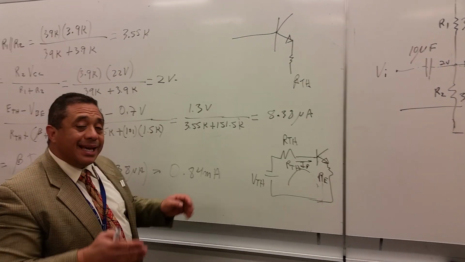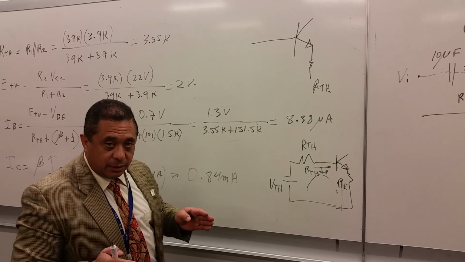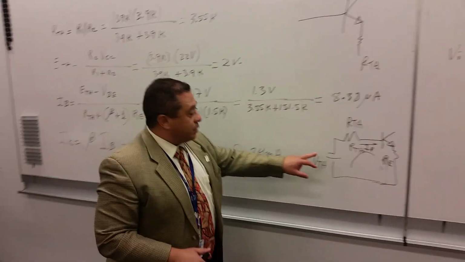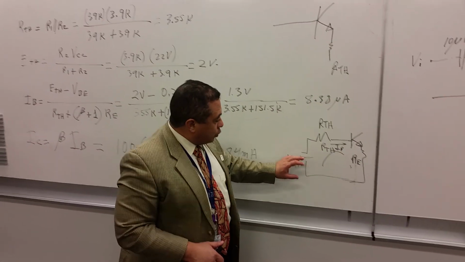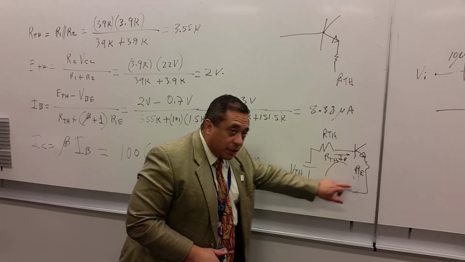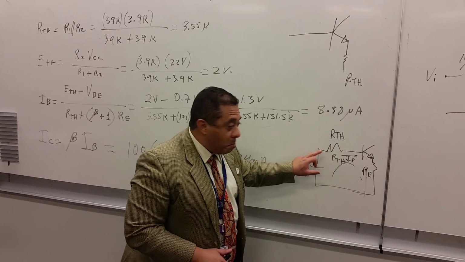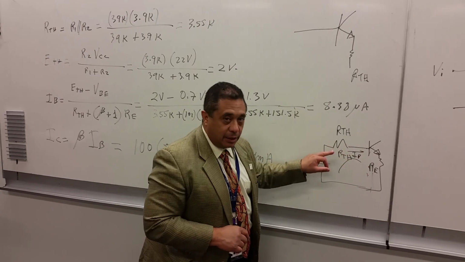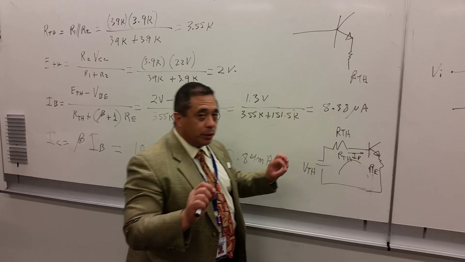IB. Current is voltage over resistance, right? So it's going to be whatever voltage we have in this loop divided over the total resistance in this loop. It's a very important point.